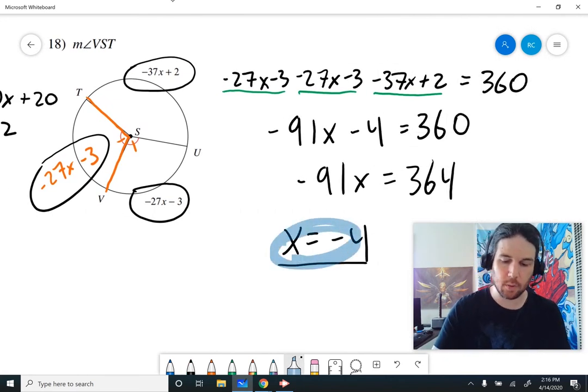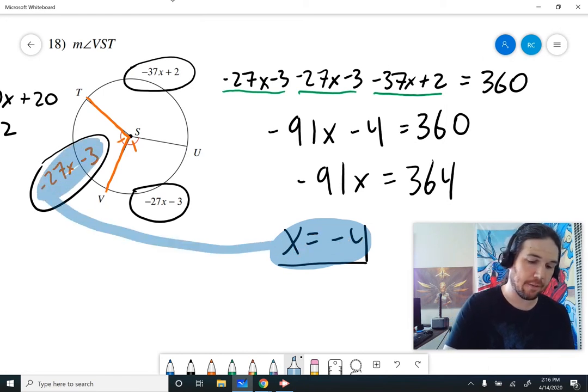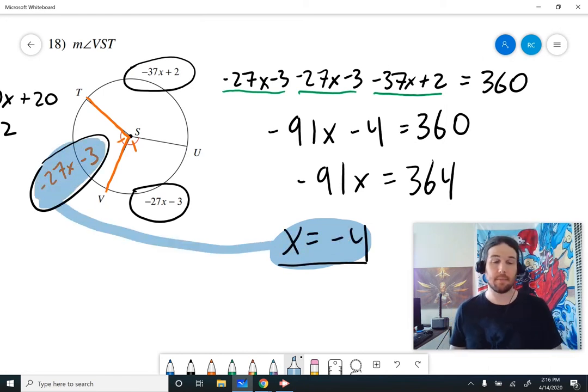We're going to take that x equals negative 4, and plug it into the expression that we have for angle VST. It's okay to get a negative for x, so long as you get a positive for your final angle measure.